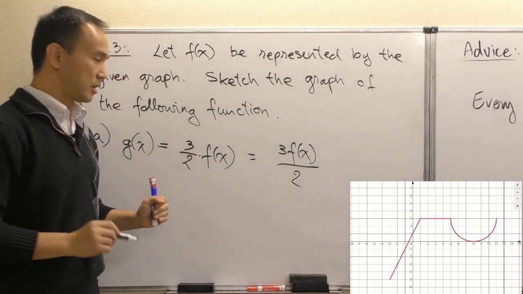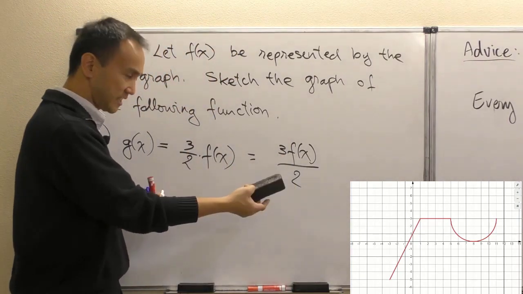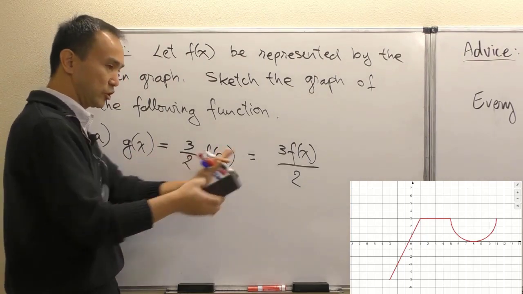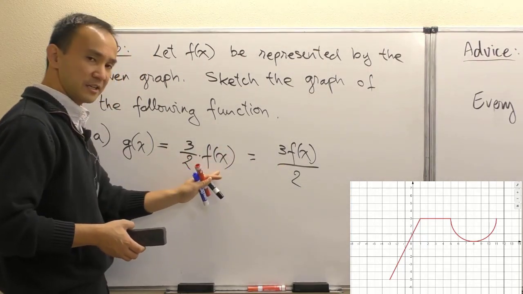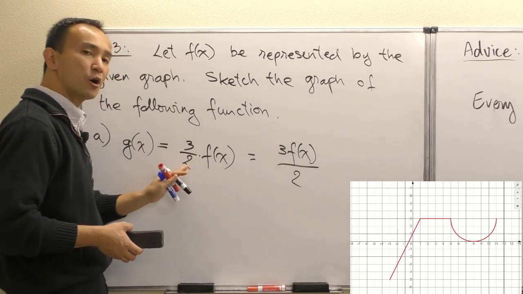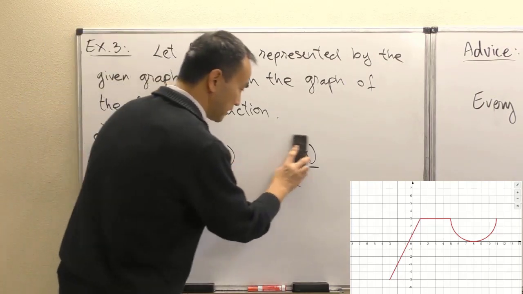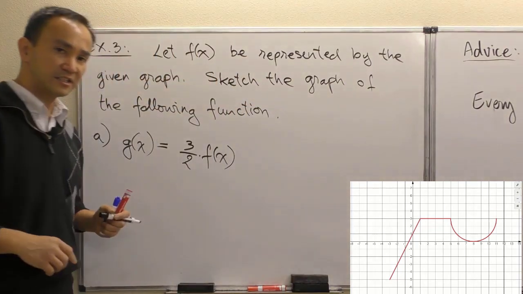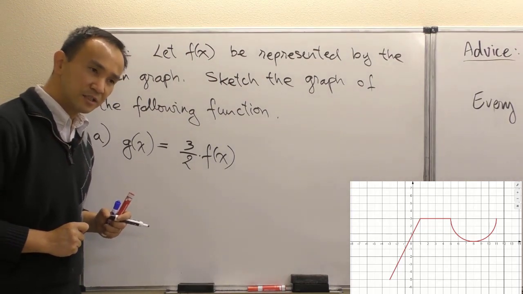This way may be expressed in some problems, even though it's the same kind. It's your responsibility to know that this form is exactly the same parent function multiplied by a coefficient 3/2. So 3/2 times f of x.